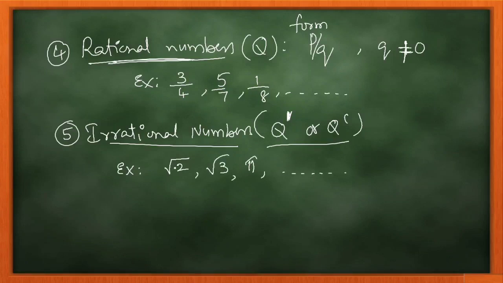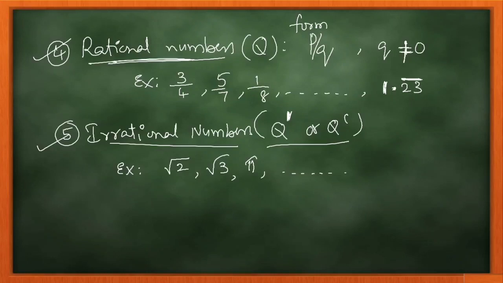All numbers which don't have an exact value are called irrational numbers. Numbers which can be written in the form of p by q are rational numbers. The bar type numbers like 1.23 bar, 1.1 bar are also rational numbers.